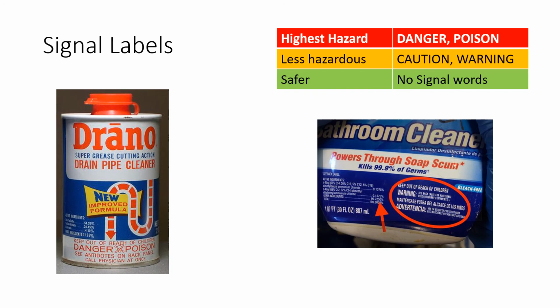You can see that it has those big words danger on them with the hazard indicated that it is a poison. The other picture is the bottom of a bathroom cleaner. You can see that they write out the chemicals and the concentrations. There's also a warning label on this bottle.